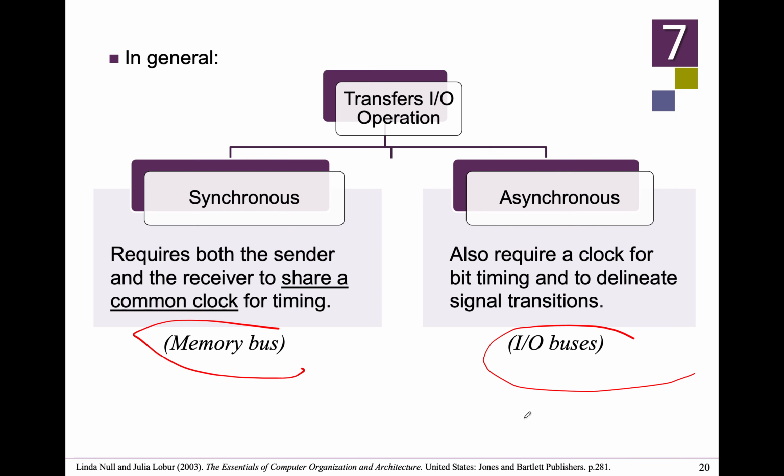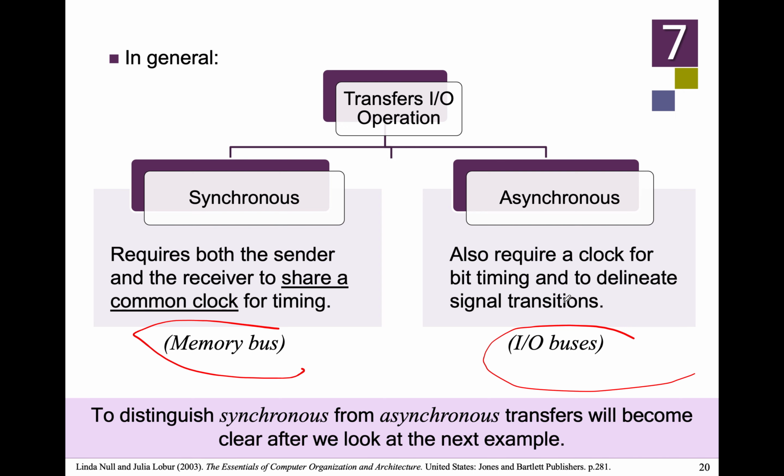Synchronized requires both the sender and the receiver to share a common clock for timing, and then unsynchronized also requires a clock for bit timing and to delay the signal transitions. To distinguish synchronized from unsynchronized transfer will become clear after we look at the next example.